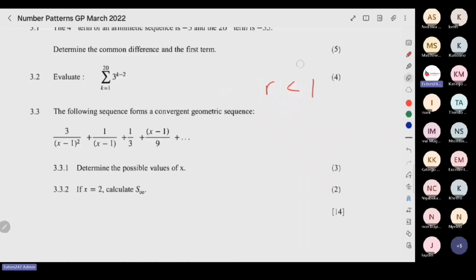So let us start there. Our first step is going to be to find R. We won't get a numerical value, but we will have a value of R in terms of X. And we know that in order to find R, we are going to take term 3 divided by term 2, or term 2 divided by term 1. So what do you want us to do?